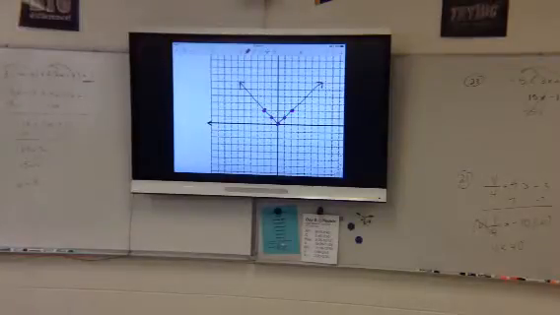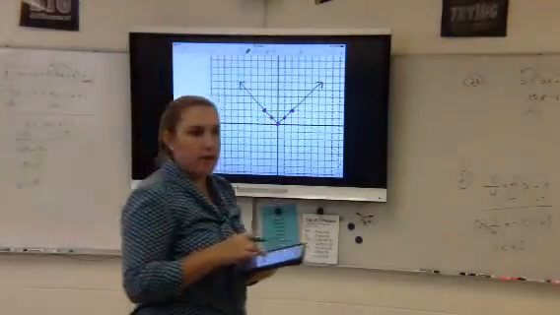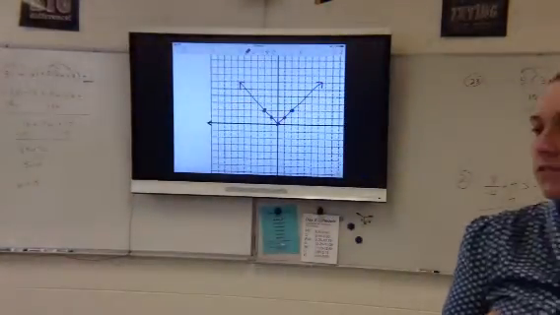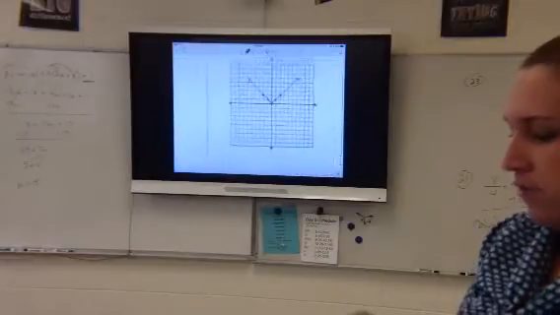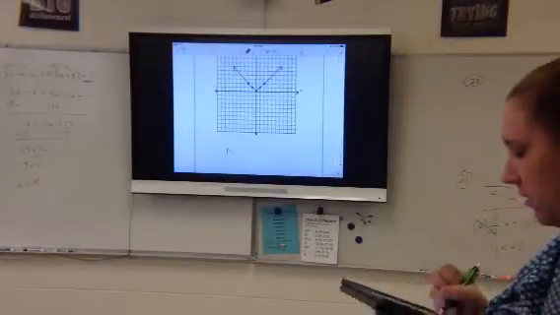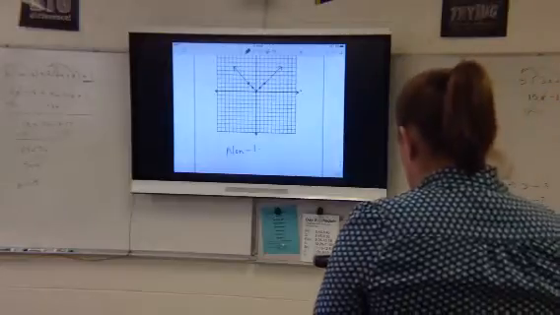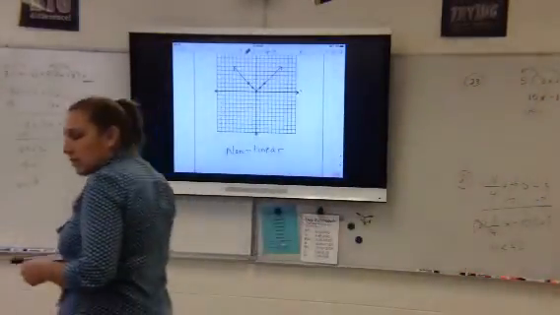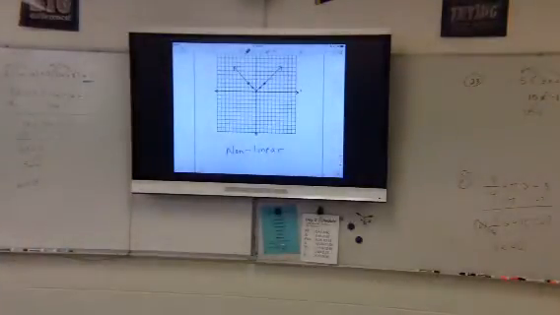Now with that being said, does this look like a line to you? No. So we're going to call this non-linear. This guy is not a line, so he is non-linear.